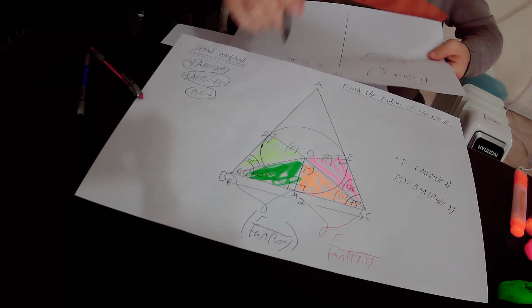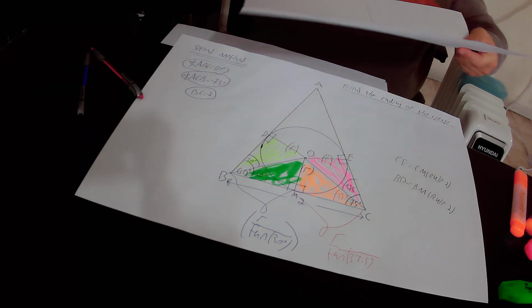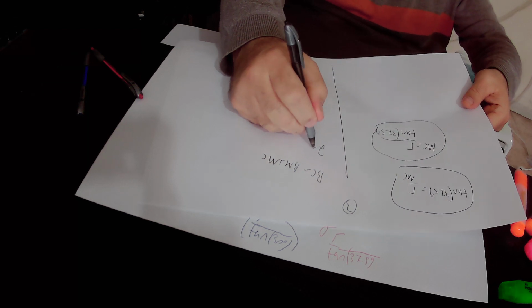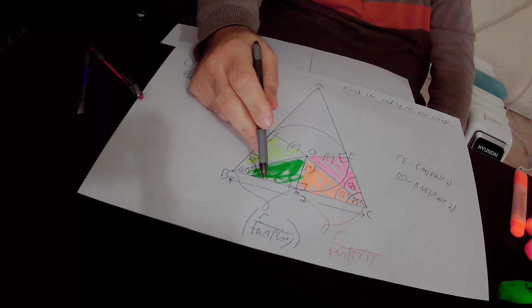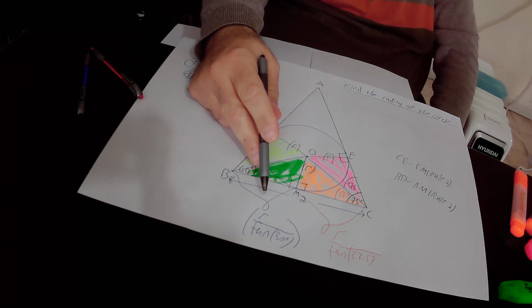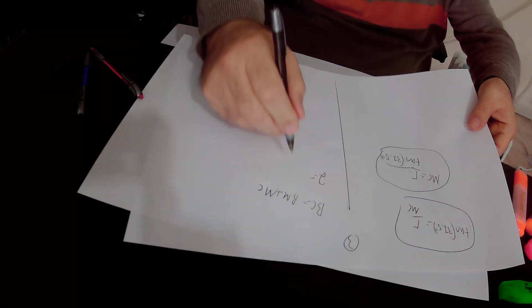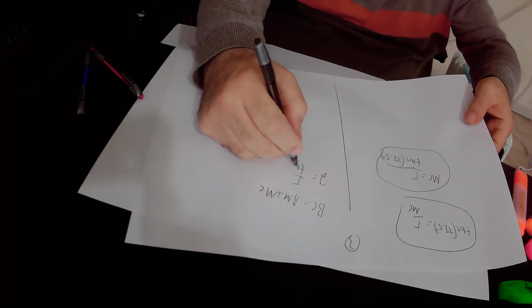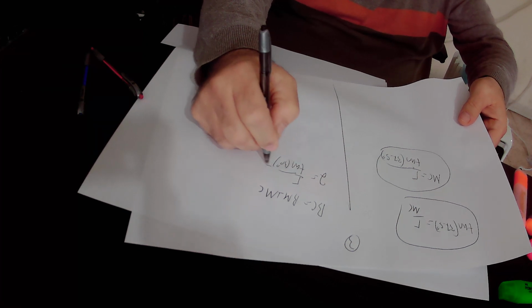BC equals 2 units according to what is given in the question. So BC is 2 and it equals BM plus MC. With that, we right now found out that BM equals R over tangent 30 degrees. So we substitute BM by R over tangent 30 degrees plus MC.